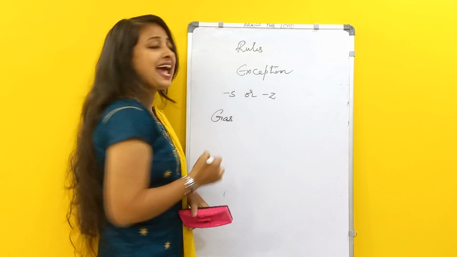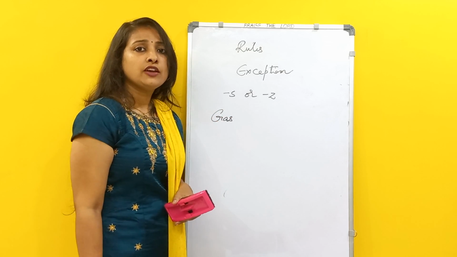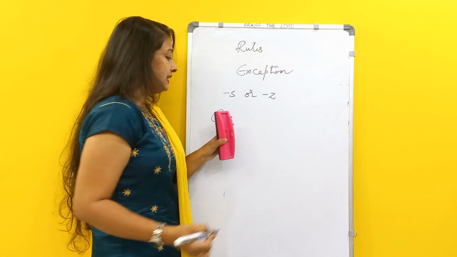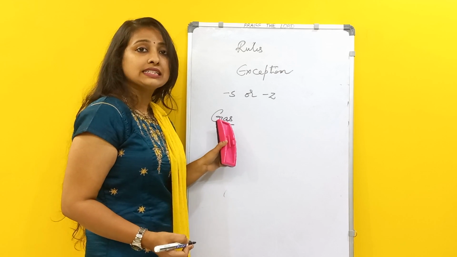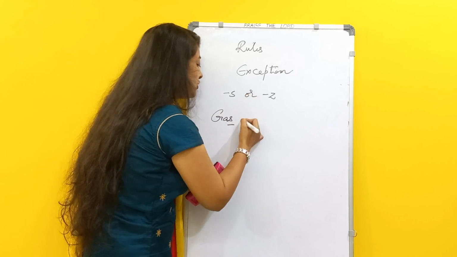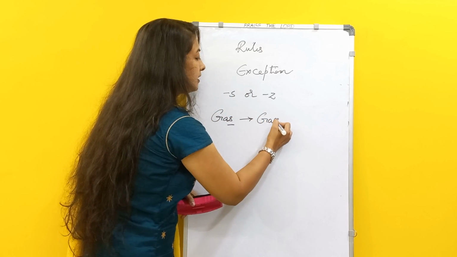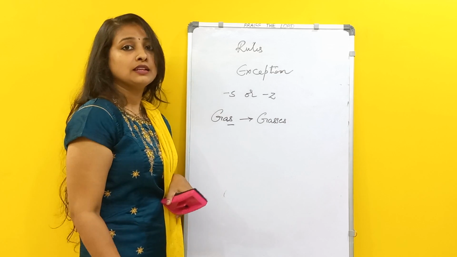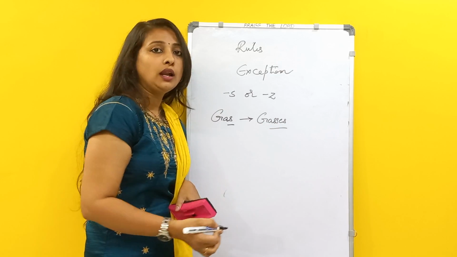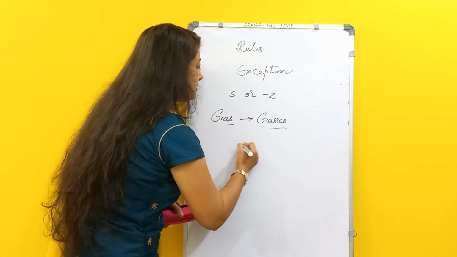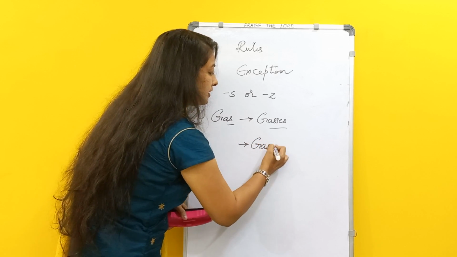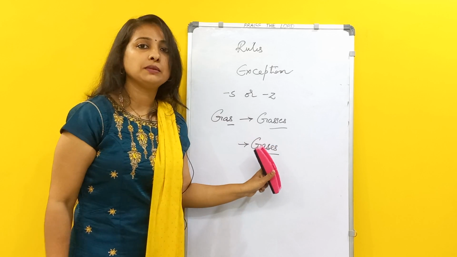Suppose you are saying gas, this is ending with S. According to the rule, you need to add one more S to this and then add ES. This is the rule, but in general the other form is also acceptable.